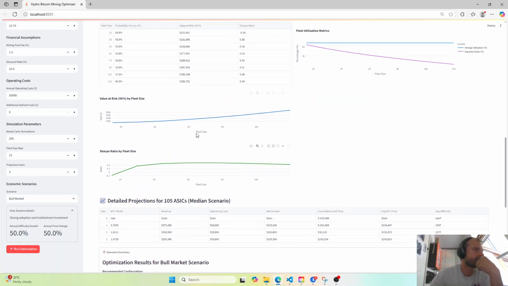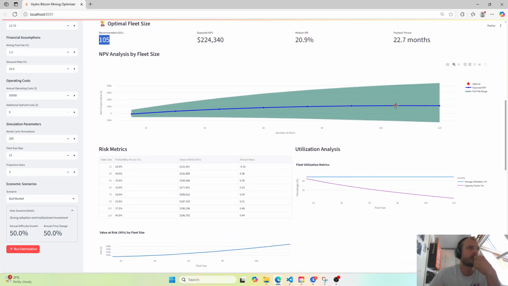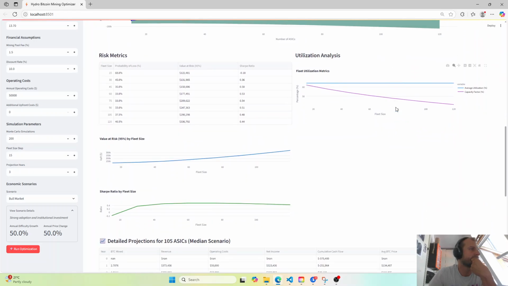Again, targeting the highest NPV. So, for example, okay, I can explain. So 105, and here is 120. We do see that 120 machines is giving you more NPV, but then it still selects 105 ASICs with less NPV.